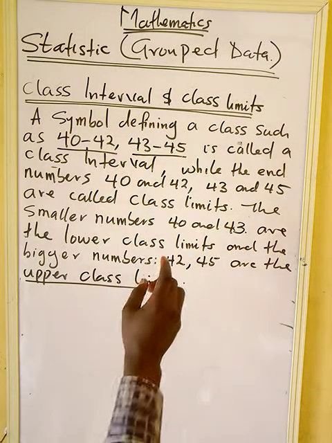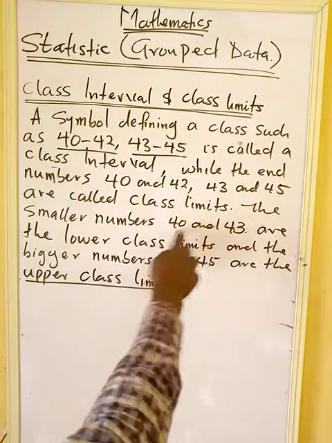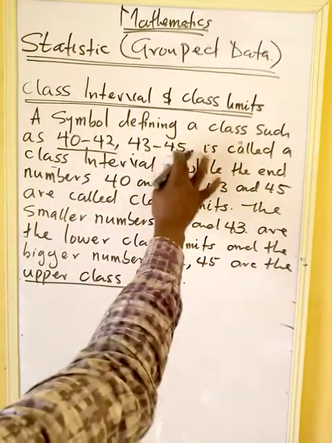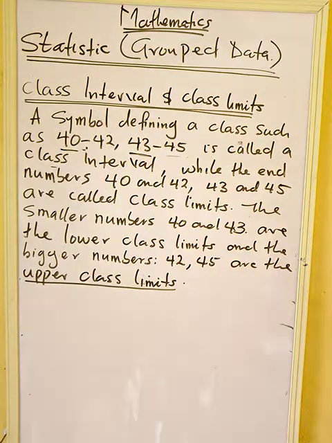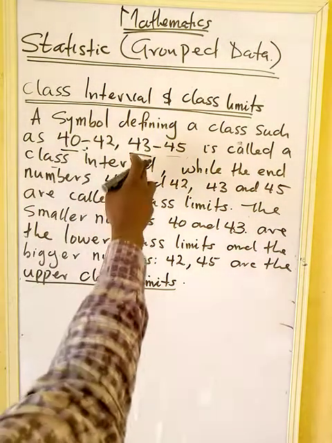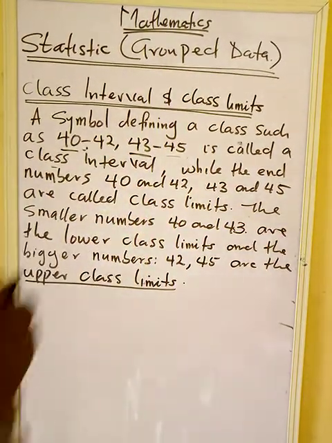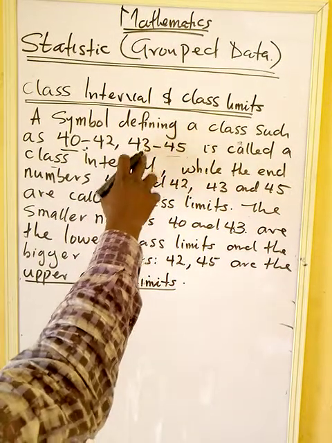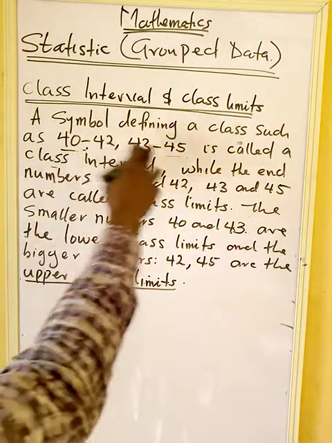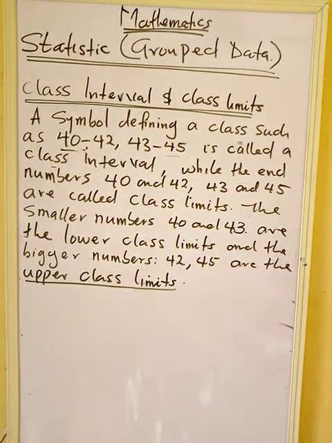If you look at this, the smaller numbers 40 and 43, don't be confused that we call this one the smaller number, because this is the position of 40 and 42, and this is the position of 45.